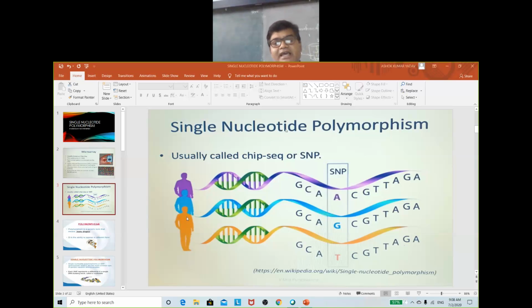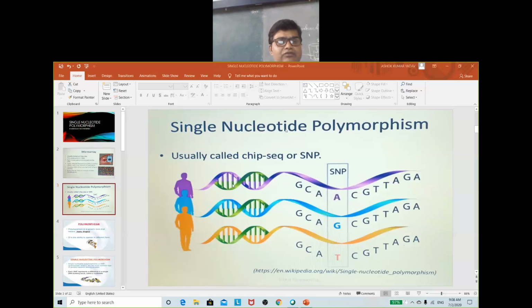So SNP is a technique through which we can differentiate the individuals of a given population. Means if you want to study the difference of different individuals, even if there is a single nucleotide difference, we can detect it with the help of SNP.